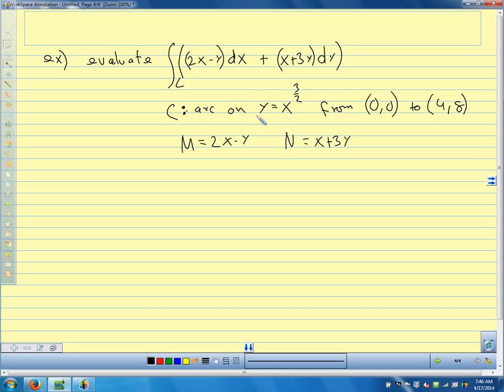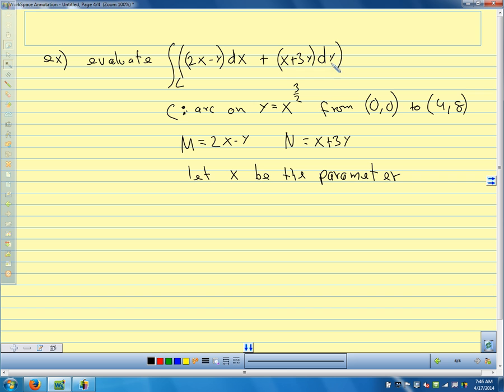Do we need to change anything about this? We already have the relationship between x and y, right? So let's let x be the parameter. So our parametric equations are x equals x and y equals x to the 3/2.